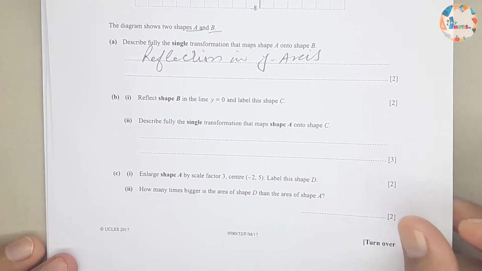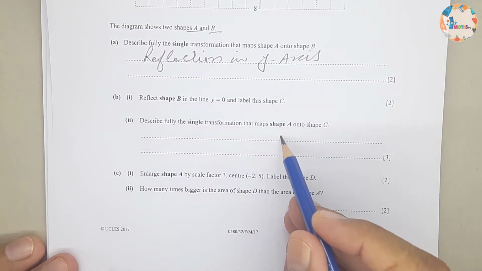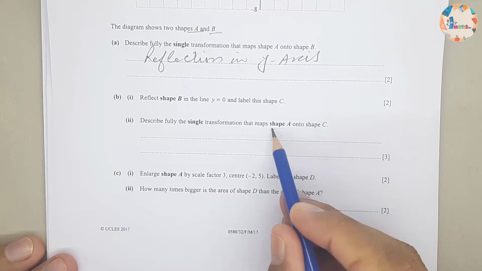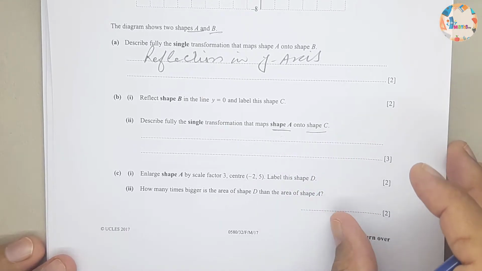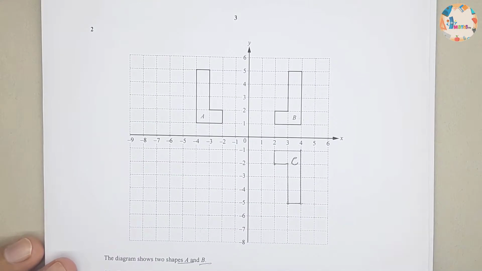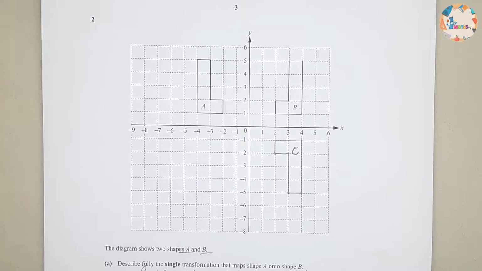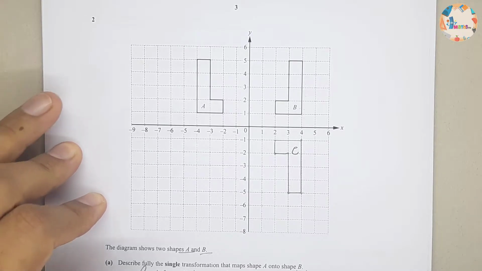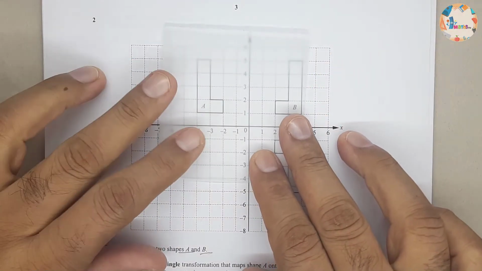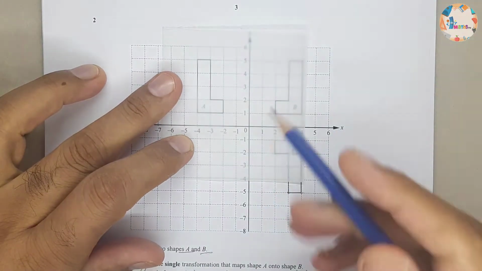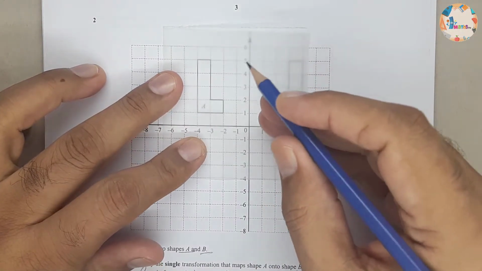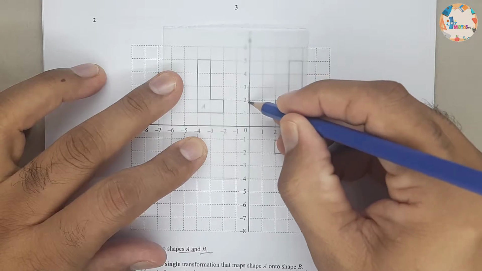B1 we have answered. B2, describe fully the single transformation that maps shape A onto shape C. We'll use tracing paper for this. We'll trace first of all the coordinate axes.